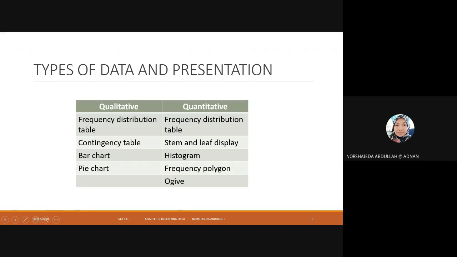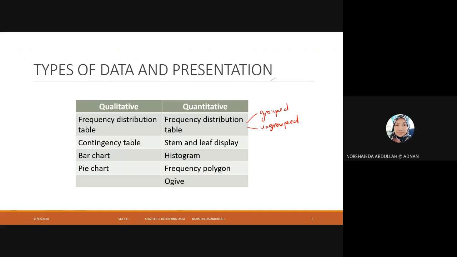Okay, and the frequency distribution, we can classify the data into two types: either grouped data or ungrouped. And then we got stem and leaf display. And for chart or graph, we have histogram, frequency polygon, and OGIVE, right?